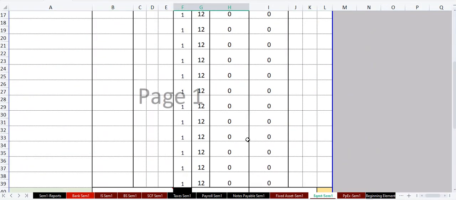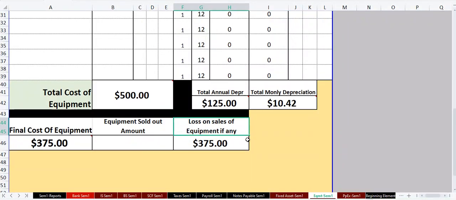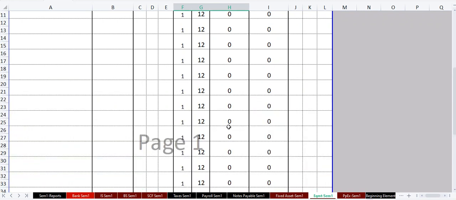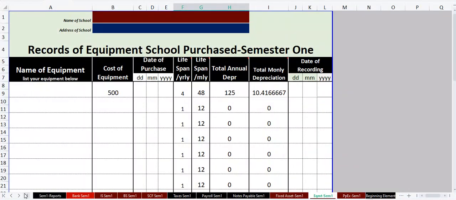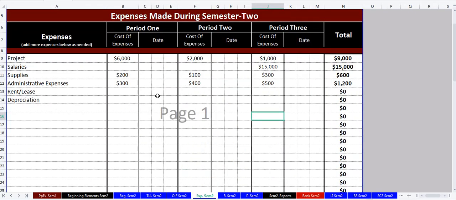Now let's say we are trying to do our calculation of annual depreciation. So this 125 annual depreciation, we'll pay that in semester 2. So we are on course. So there is our expense. We come to depreciation and we'll pay 125 at the end of the period here. So we'll say 125. That was the depreciation for our equipment.